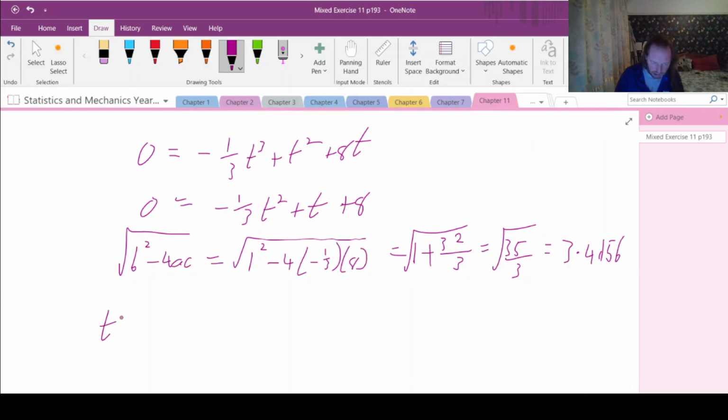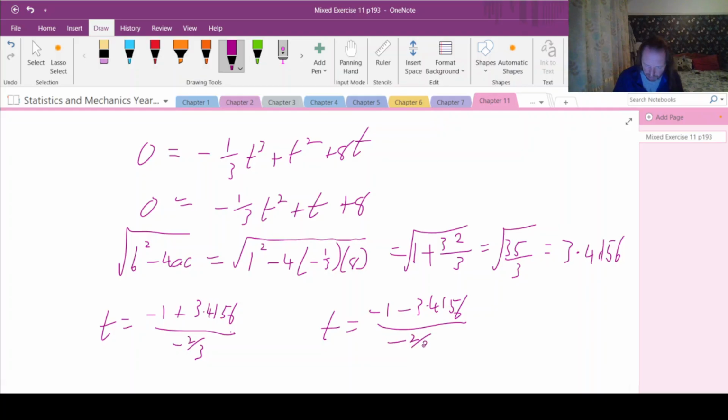So t is equal to minus b, so minus 1 plus 3.4156, all over 2a, all over minus 2/3, and t is equal to minus 1 minus 3.4156, all over minus 2/3.